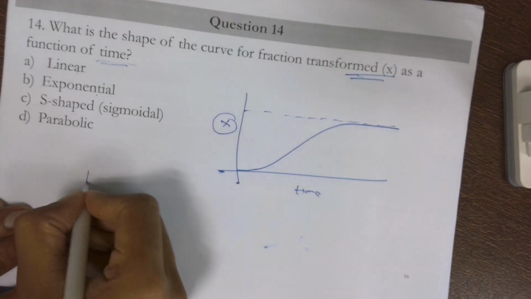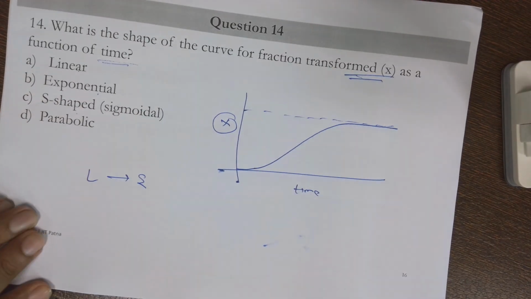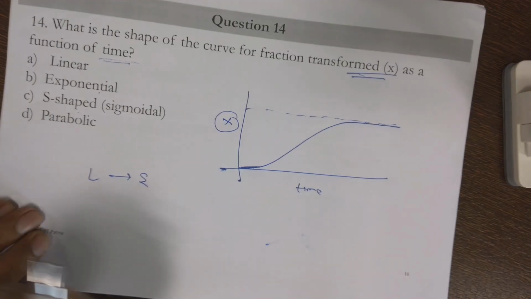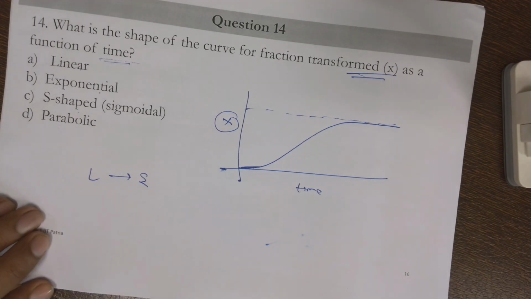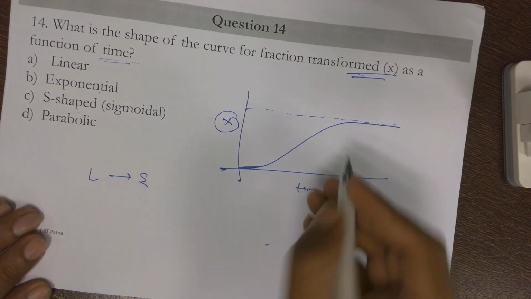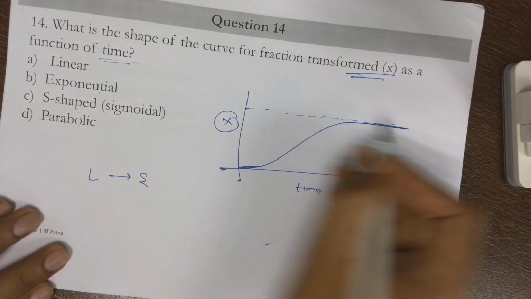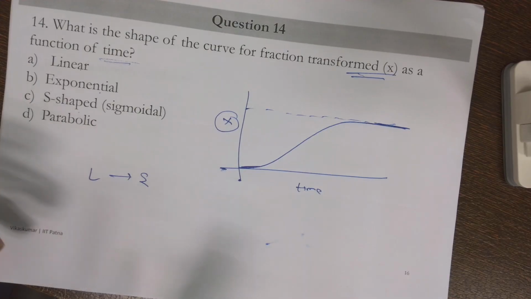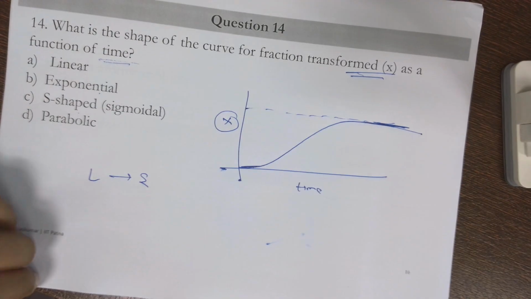For example, if you are talking about the liquid to the solid transformation, initially the transformation will be weak. Why? Because the nucleation rate will be very slow. Later on, the growth has happened to a larger extent, and now they will start to impinge on each other. So here also it will be slow.